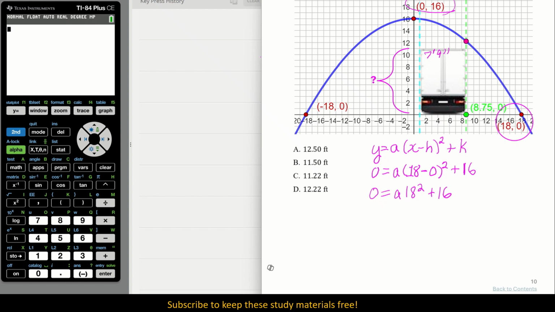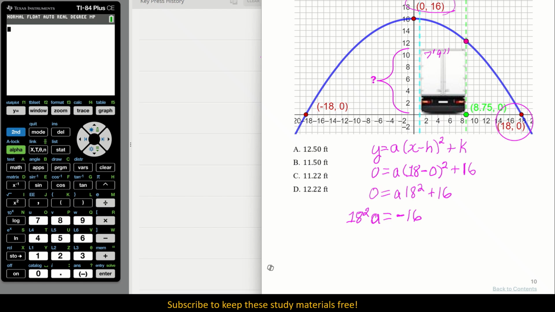So what do I need to do here? I'm going to do a little algebra skipping around here on you. I see 18 squared with a, that's a coefficient of a, and then it will be a negative 16.